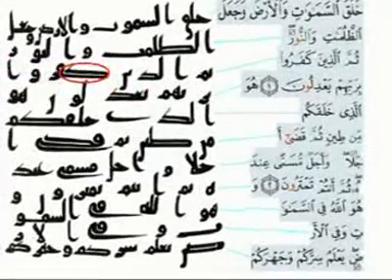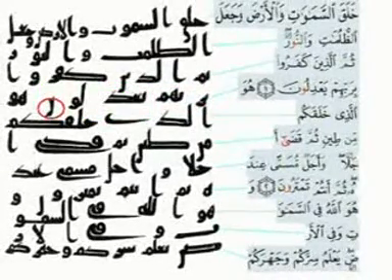Wa ja'ala. See, this is Jim, Ain, Lam. Ja'ala al-dhulumati wan-nur. Thumma alladhina kafaru. Kafaru, this is alif. Bi rabbihim ya'dilun. This is noon.